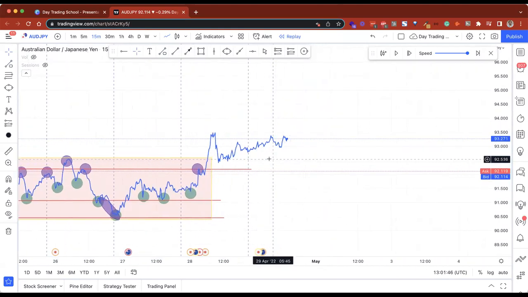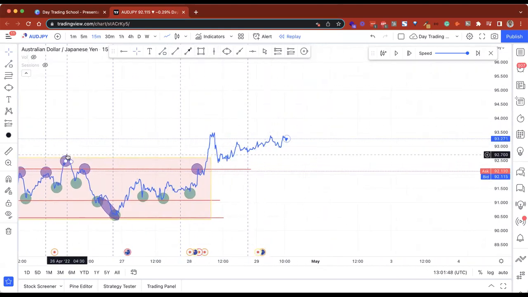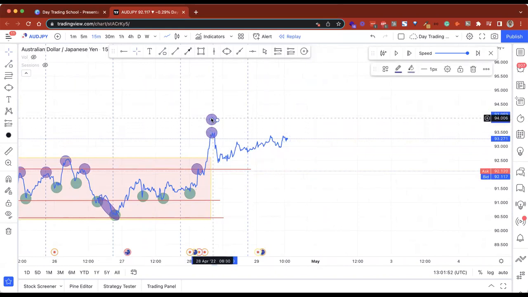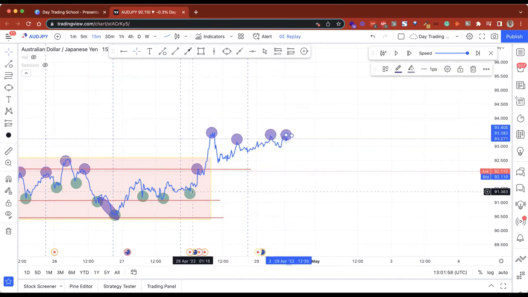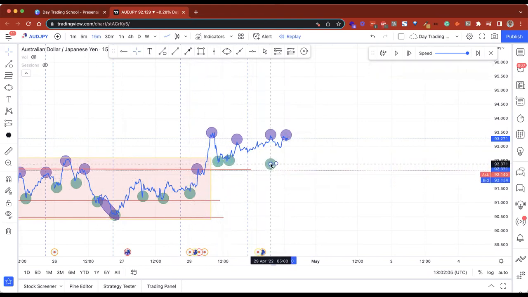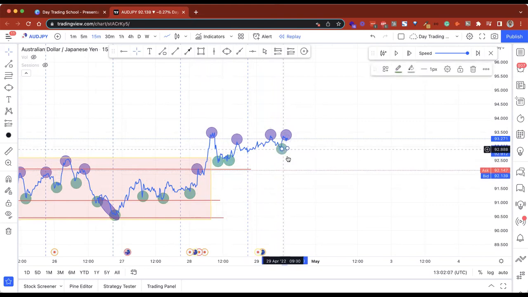And now we're waiting for the new trap to be built, which came up here and made a new peak. Okay. And it's trying to make some new valleys. Yeah, but it's trying to make a new floor down here too. But not just yet.